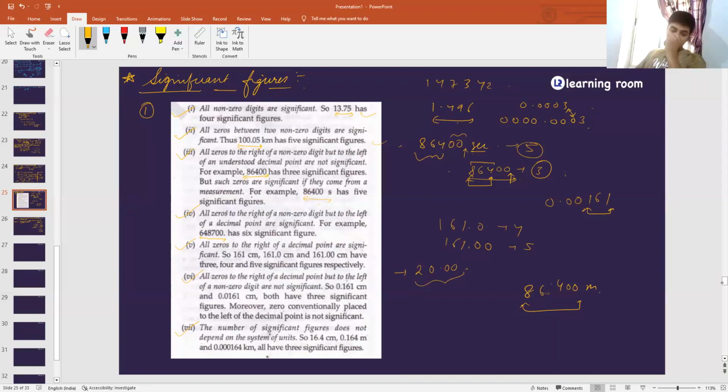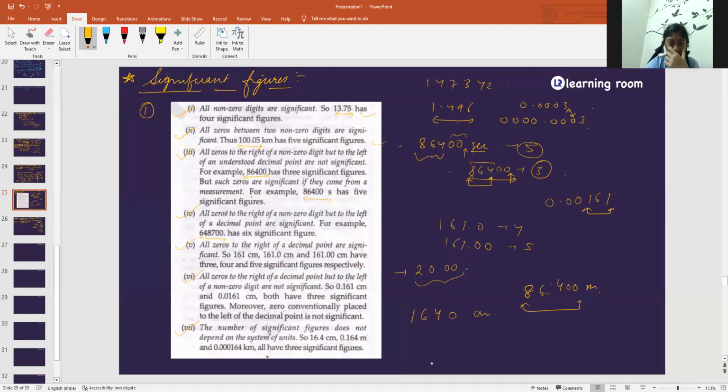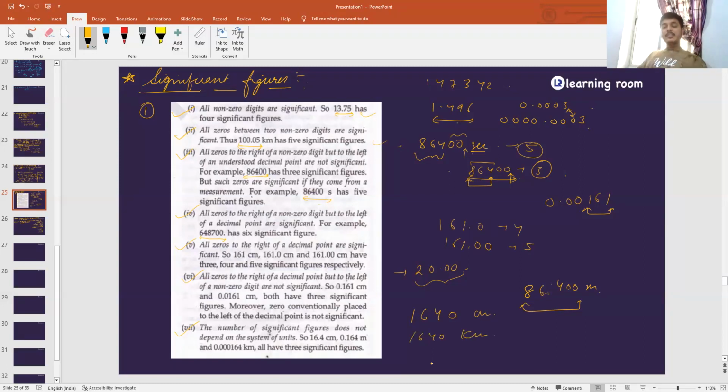Okay, see here. For example, if I have a number 164 centimeter, how many significant figures are there? 4. Now, if I write 1640 kilometer, how many is it? 4.